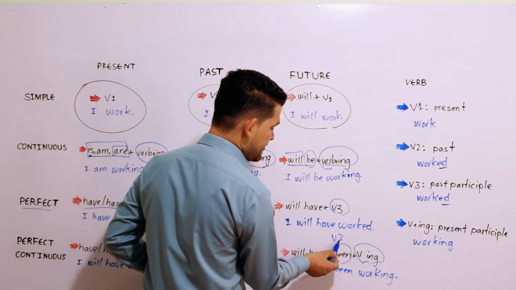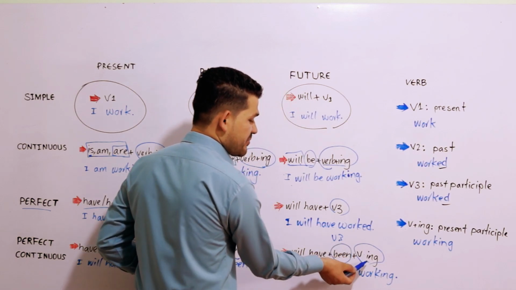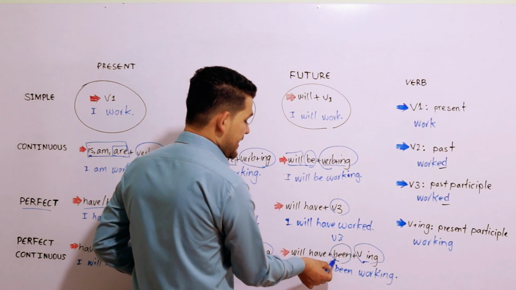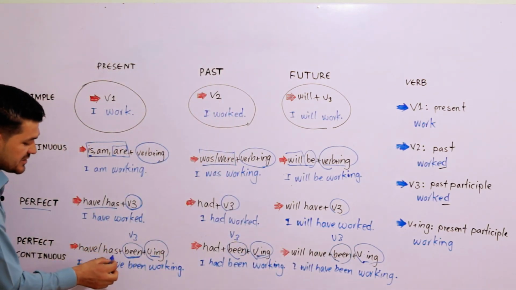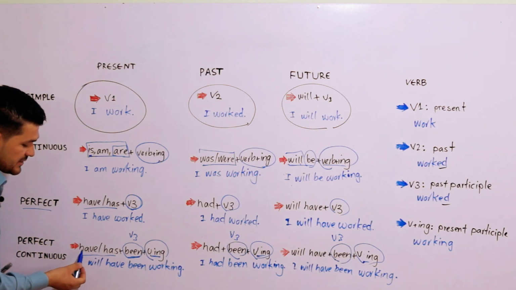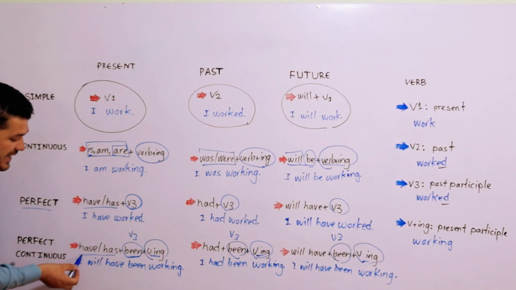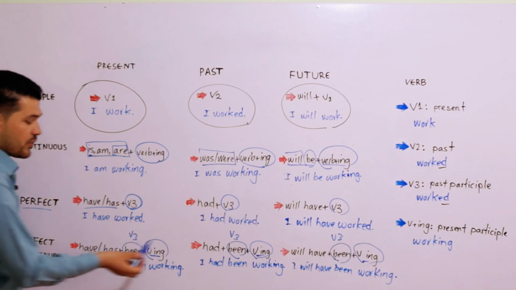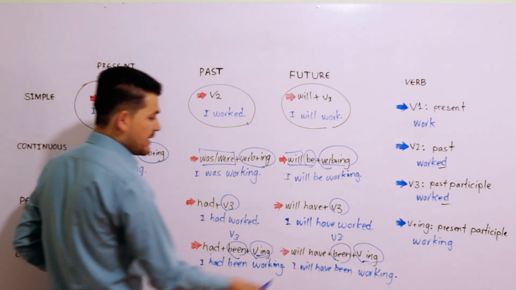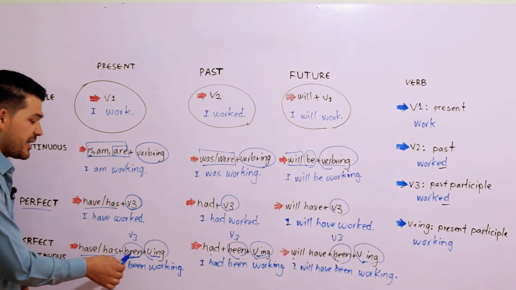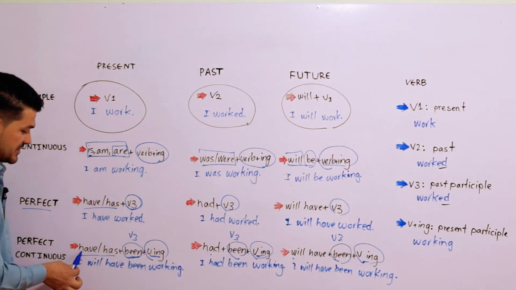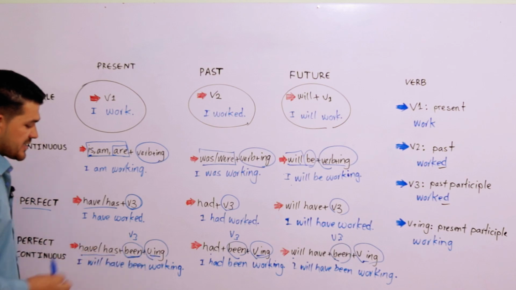Now, what type of perfect? Progressive. We have progressive perfect. Now, what tense is that one? The tense is shown here. What is the time? That is has, present. What about had, past? And will have, future. So we have been working: present, perfect, progressive.